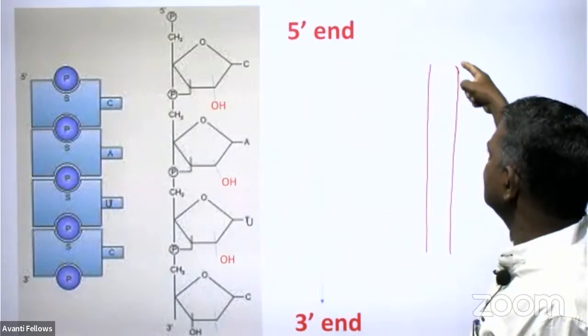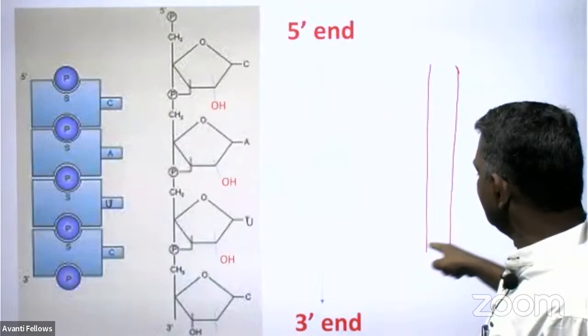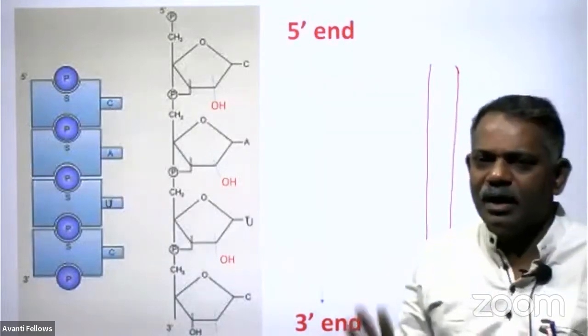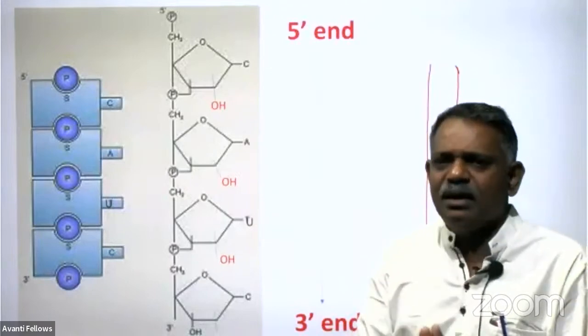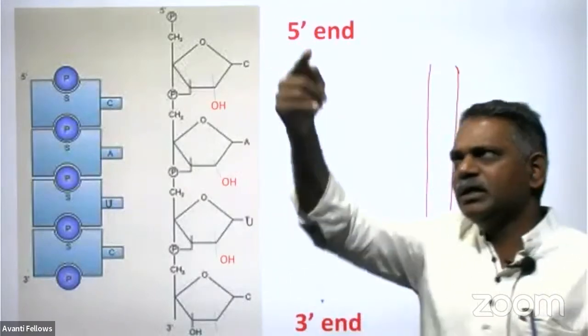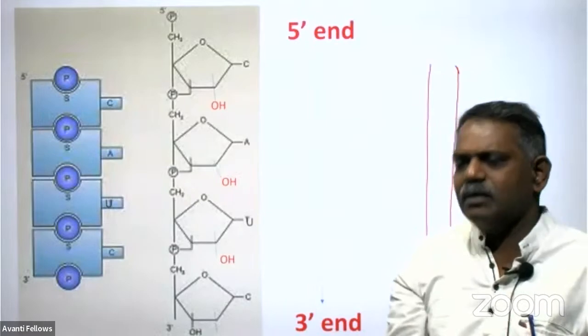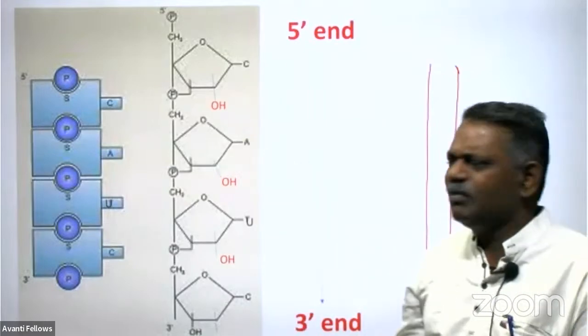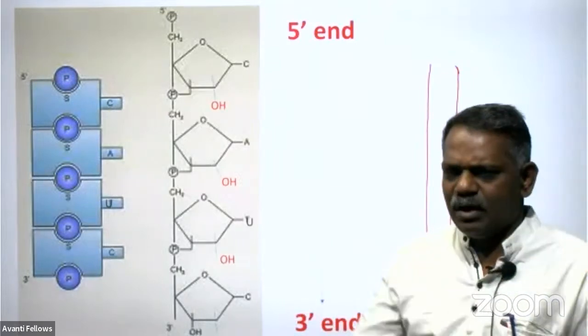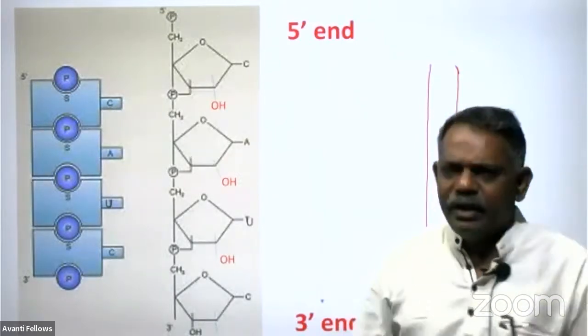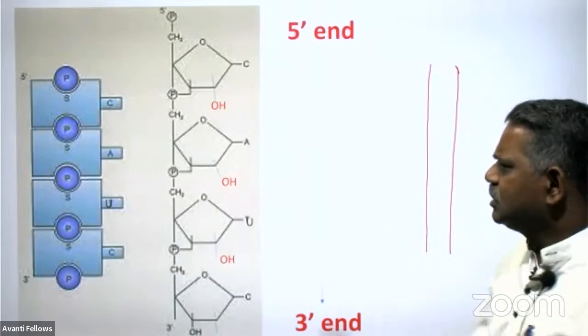If this is 5', the other will be 3', and where this is 3', the other will be 5', so they are anti-parallel. These run parallel but anti-parallel. One is from 5' to 3', another strand is from 3' to 5'. We will see how this kind of arrangement is possible in DNA. While discussing the structure of DNA, you will get more detail about this arrangement.